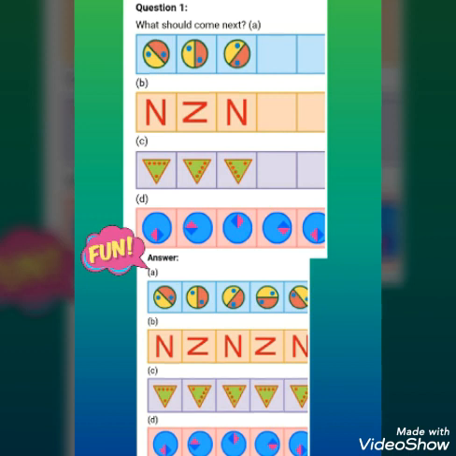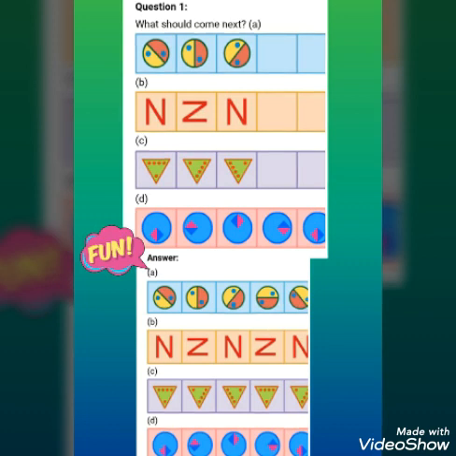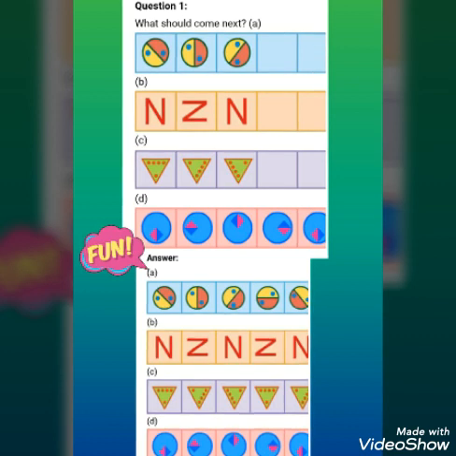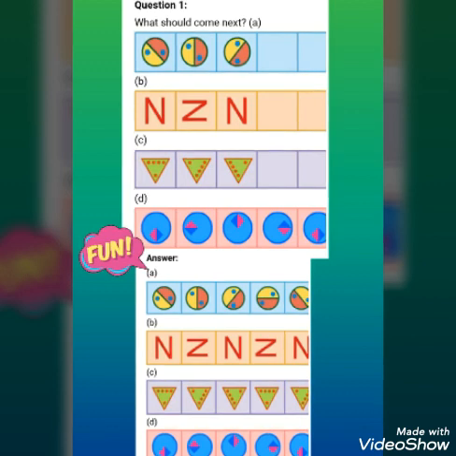Now you can see how it is rotating. The circle is rotating clockwise. So similarly, you will follow the straight line in the middle of the circle, and similarly you will fill up the boxes. I have shown you the answer of it. You can see the answer.